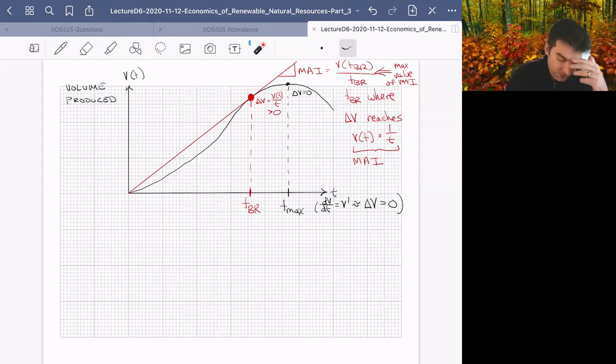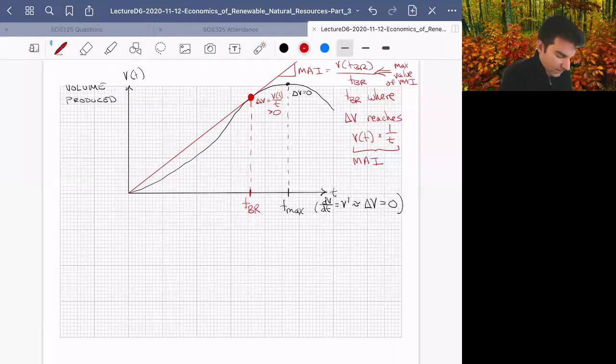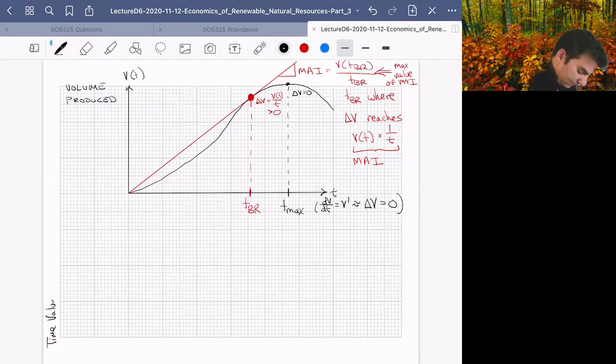And so when we introduce the time value of money, which I'm going to introduce down here, so maybe I'll use a different color for that, then that suggested that we should be focusing not on volume, but on the interest we could be generating if we converted that volume.